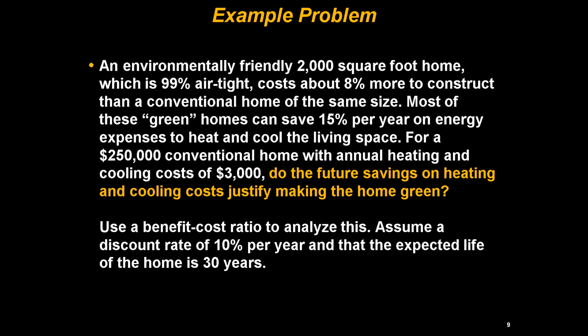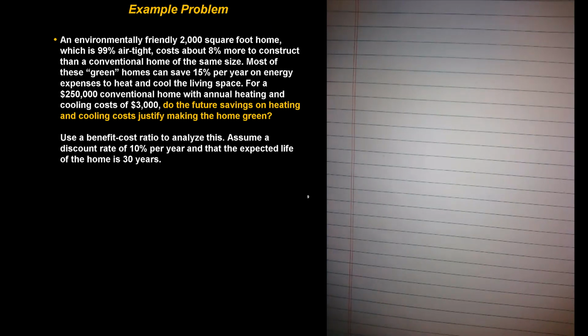So we're told we specifically need to use a benefit cost ratio to do this analysis, and we're going to assume a discount rate of 10% per year and that the expected lifetime of the home is 30 years. To start out, I'm going to go through the problem and identify all the information that I have.